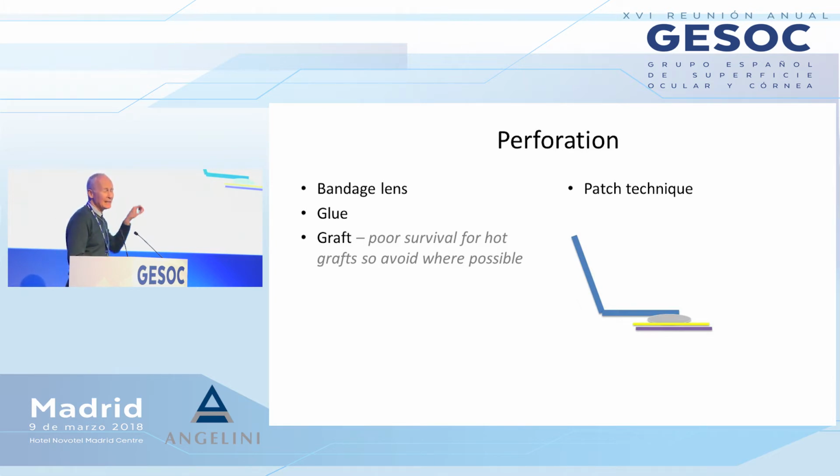So debride the epithelium around the perforation, take the epithelium away, clean up the area, and then take a spatula and a little bit of gel, the kind of thing that you might use for a contact lens on the cornea, or you can use something we call KY gel in the UK, a little aqueous gel, and that helps to stick a polythene patch of surgical drape onto the spatula.